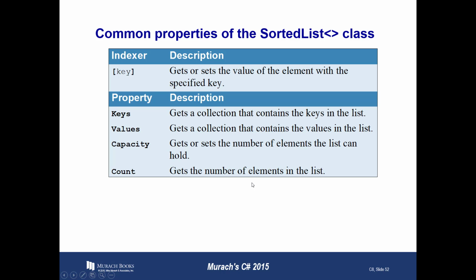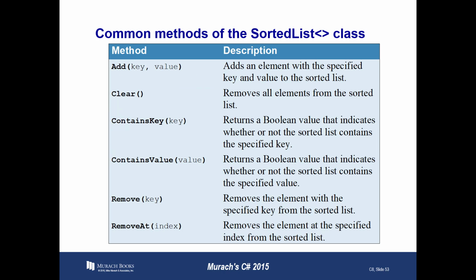When you work with a sorted list, as mentioned here, here are some of the common properties you can use when working with it. Again, most of them, hopefully at least, are something you've either seen earlier in the chapter or that you can look at and say, oh, that makes sense. So what's the difference between a list and a sorted list?